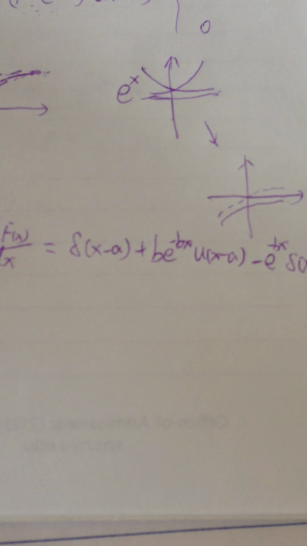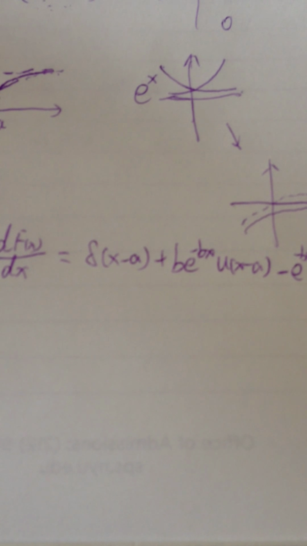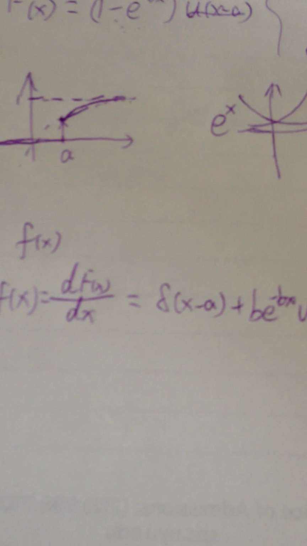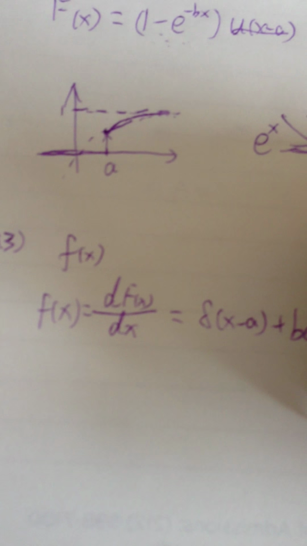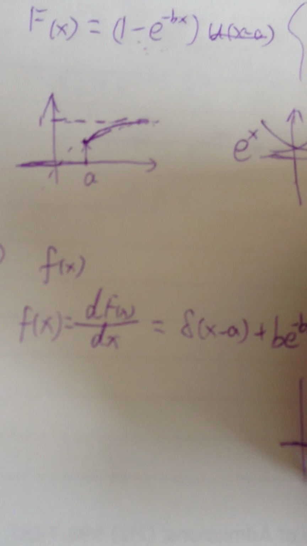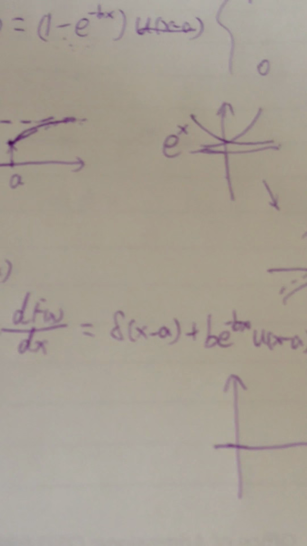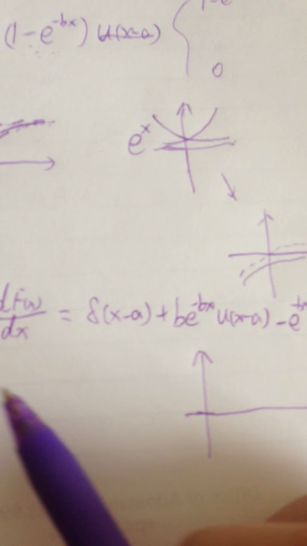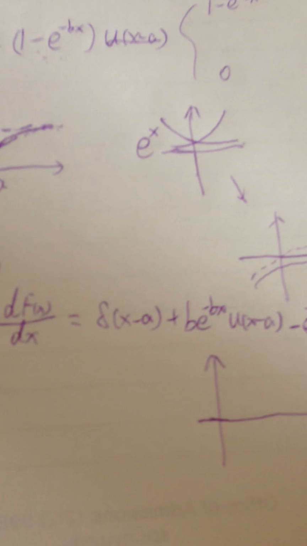We can also divide it into two parts. When x is less than a, we can easily know that f of x equals 0.